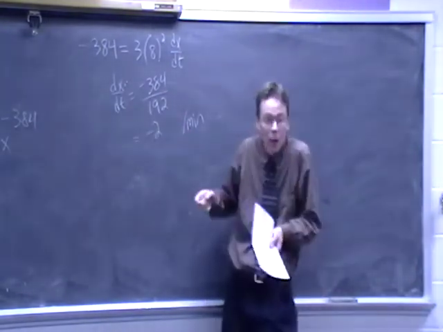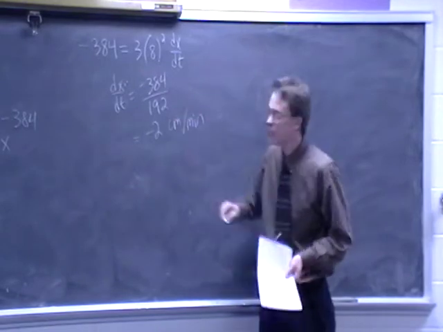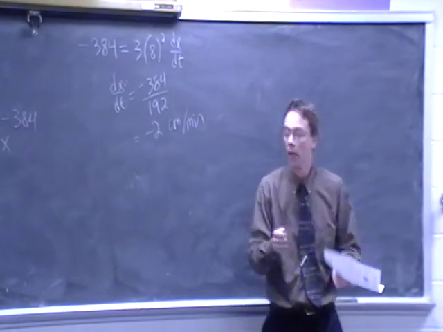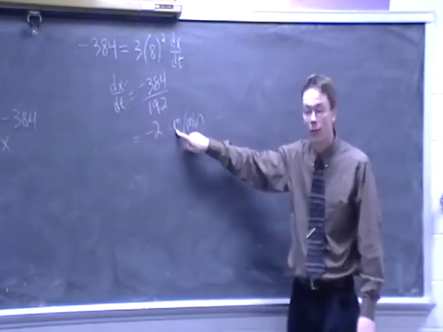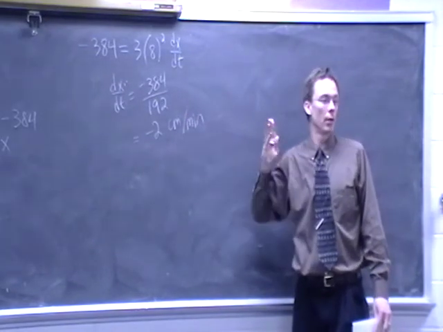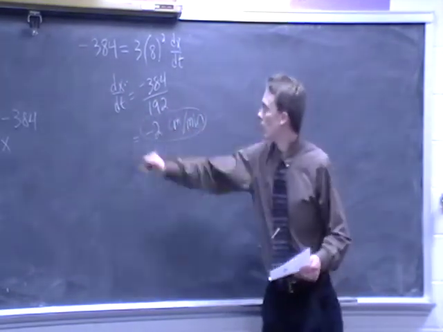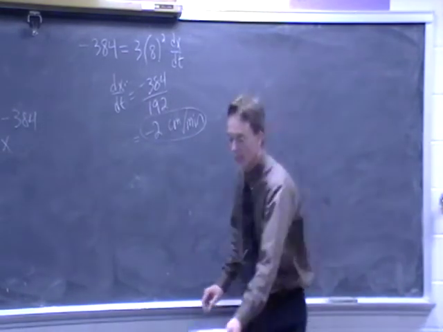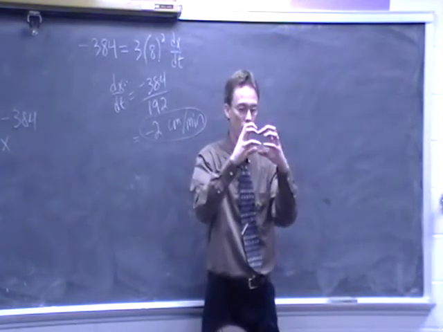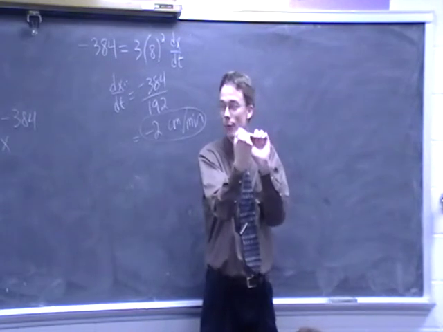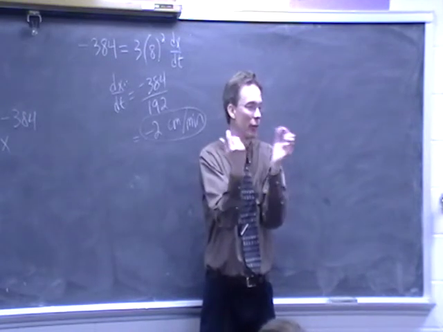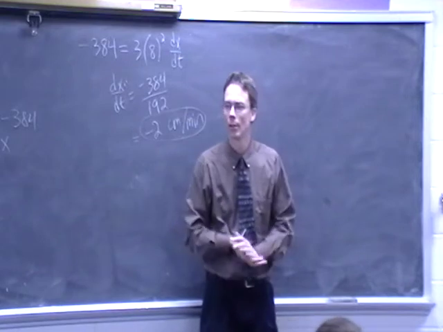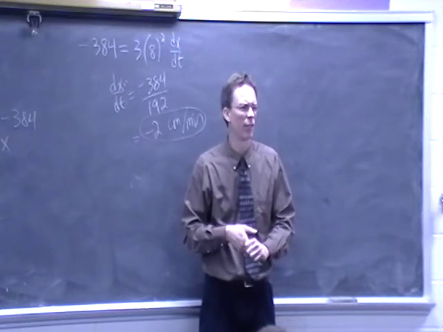So x by itself would just be plain old centimeters, because it's the length of one side. Since it's dx over dt, it's not only centimeters, it's centimeters per minute. There we go. And why is it negative? It's decreasing, which if your ice cube is melting, you would think you would get a negative change on the distance of one side, because it's melting. Fair enough?